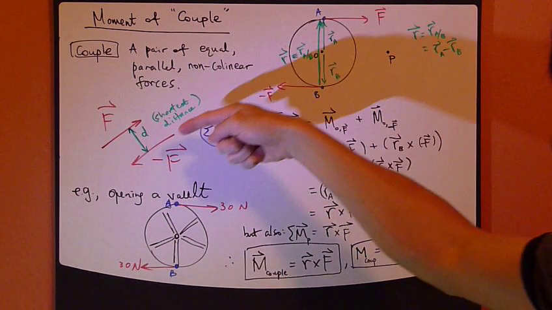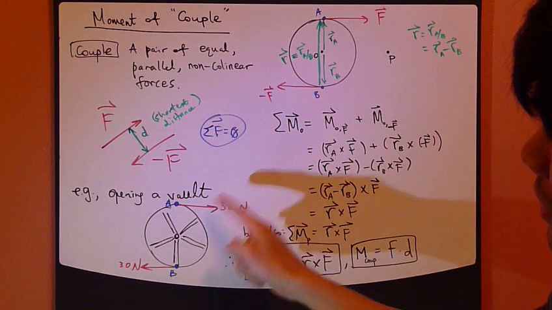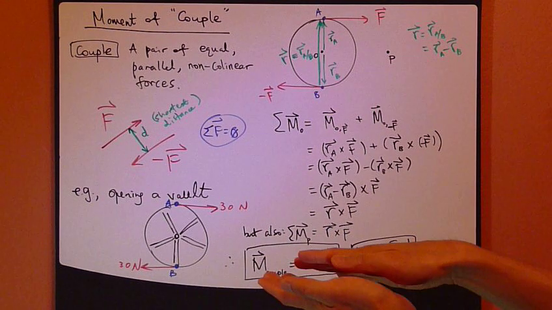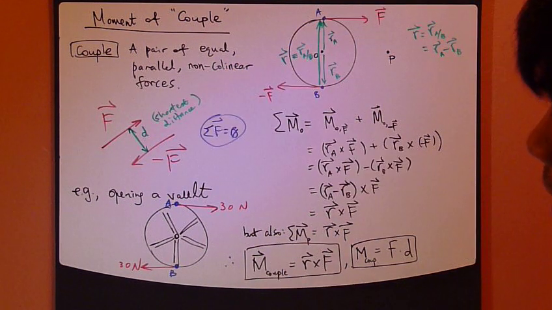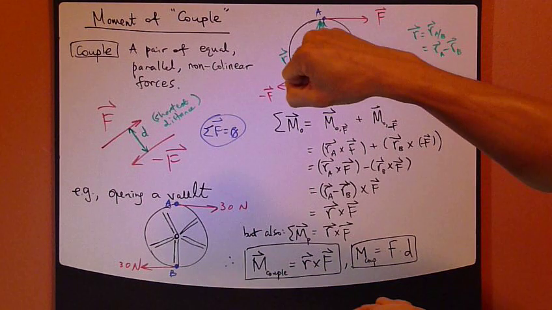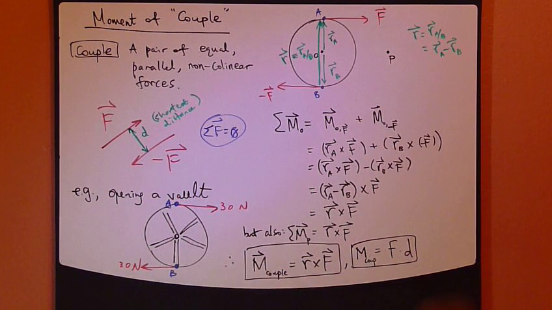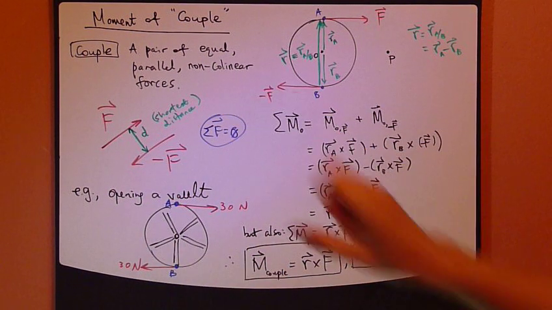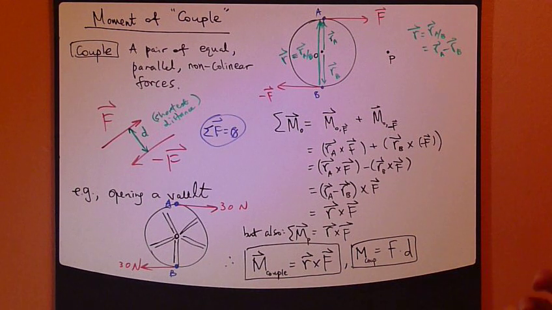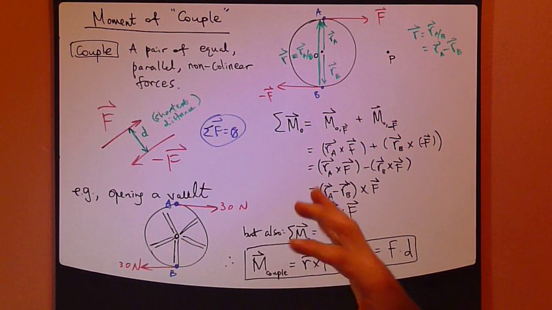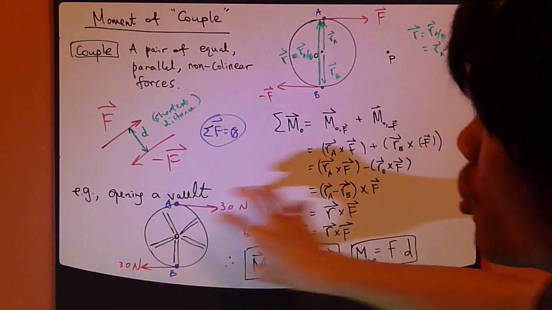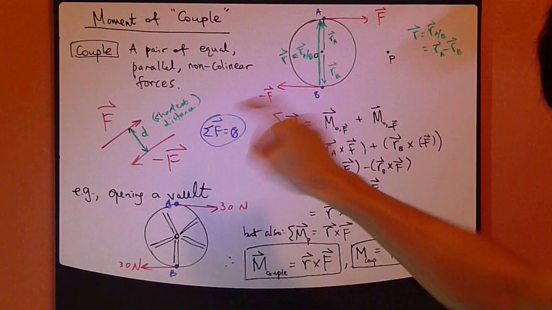However, because of the fact that these two forces are separated by a distance, the distance is d, they will tend to create a moment or some kind of rotational effect, a tendency to want to make an object rotate, but they won't make this object shift, because sum of forces equals 0.